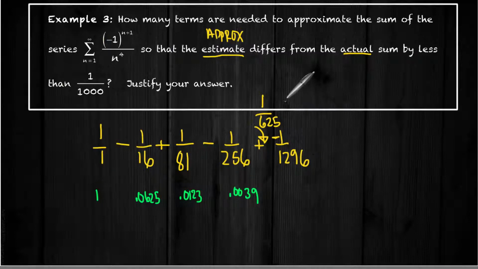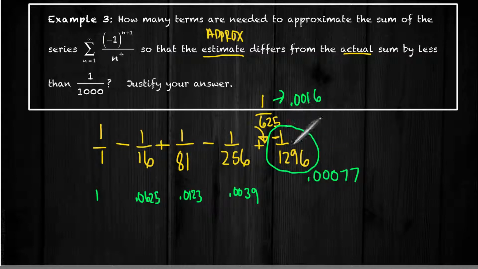So 1 over 625 is going to give us a decimal value of 0.0016. And then 1296 is going to give us 0.00077.